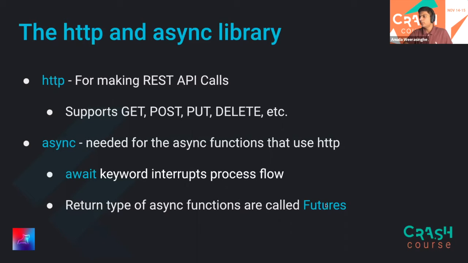The return type of these functions is called a Future, which is kind of like a promise in JavaScript. They allow you to specify return types with the async library. We'll go into detail about how these are used in the project in a few minutes.